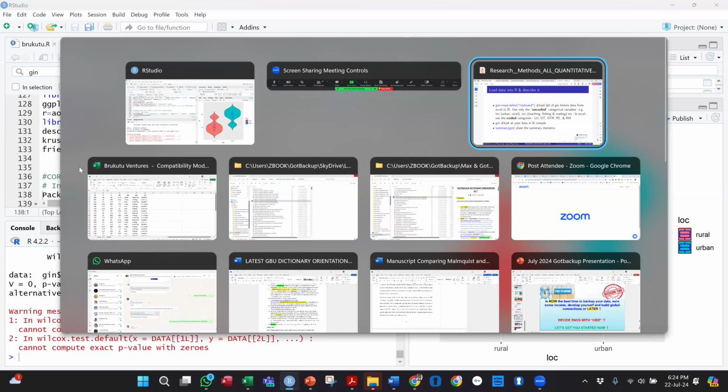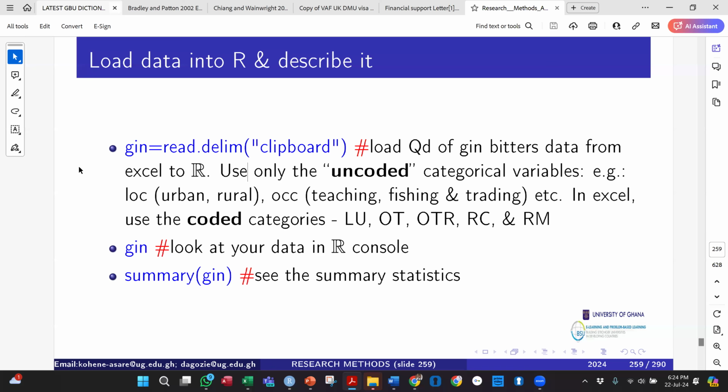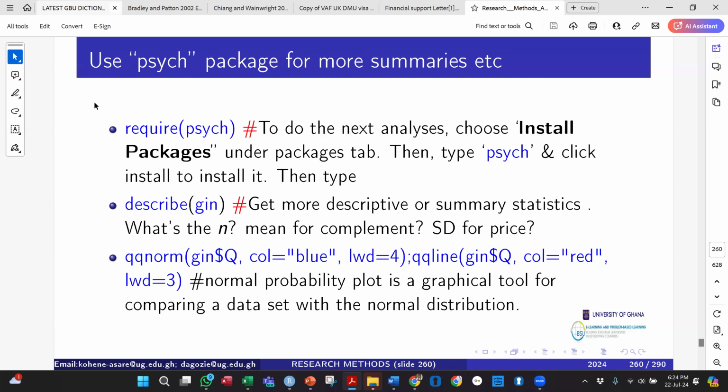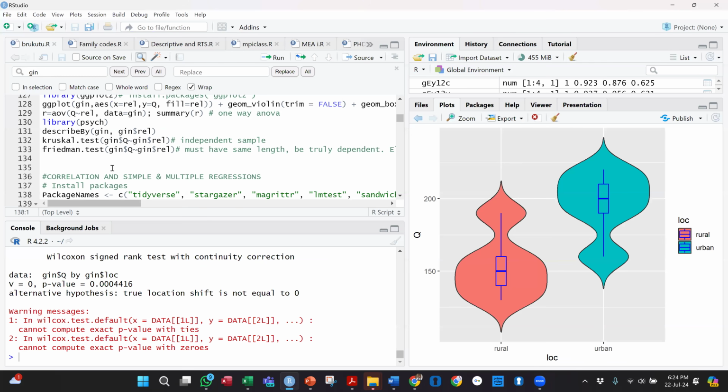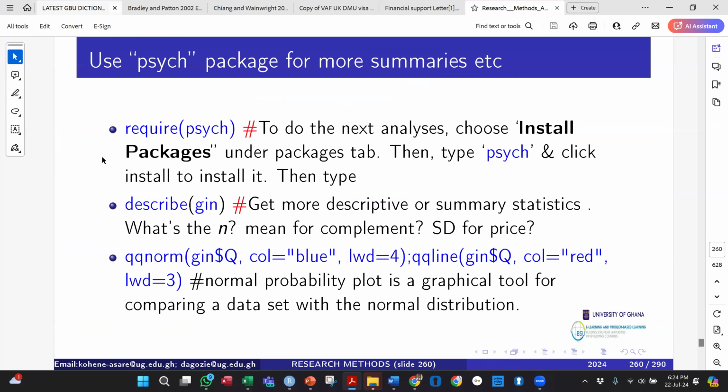Now, you guys remember that, and again, when you go to the slides, you can generate other things like descriptive statistics. Okay? There's a command that you use to generate descriptive statistics. And as you can see, before you do it, you have to run the psych package.